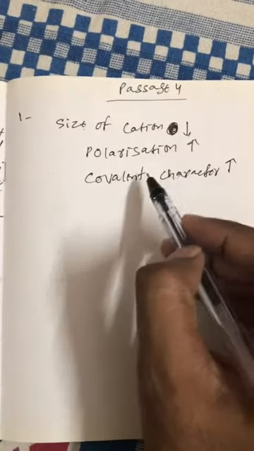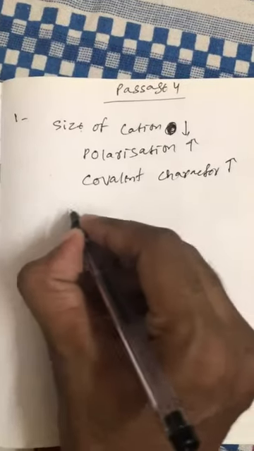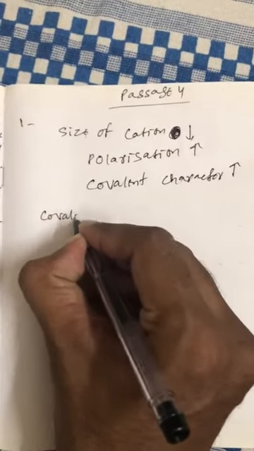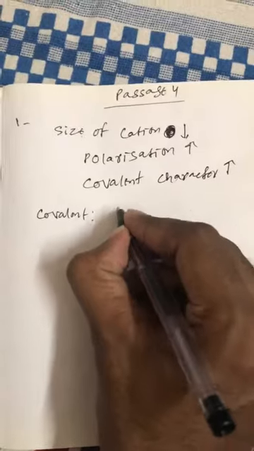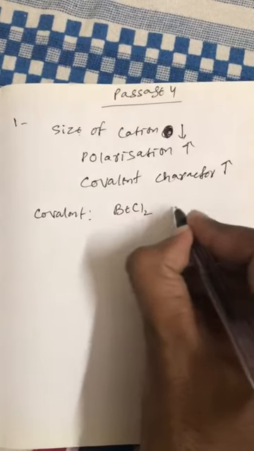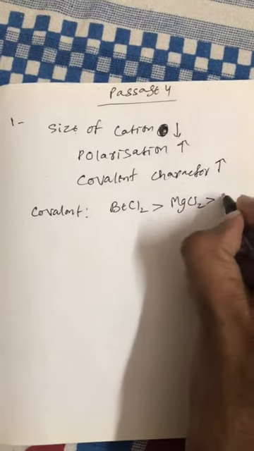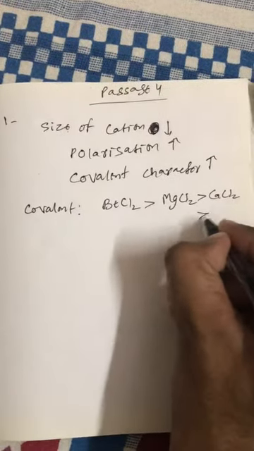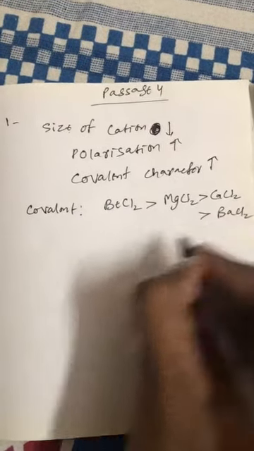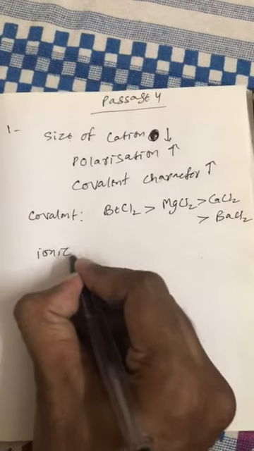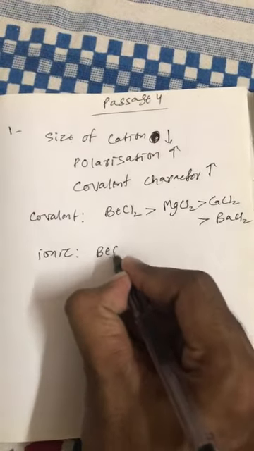Passage 4, question number 1. As the size of the cation decreases, polarization increases and covalent character also increases. So if we compare covalent character, then BeCl2 is more covalent than MgCl2, which is more covalent than CaCl2, which is more covalent than BaCl2. And obviously ionic character will be the reverse of this.